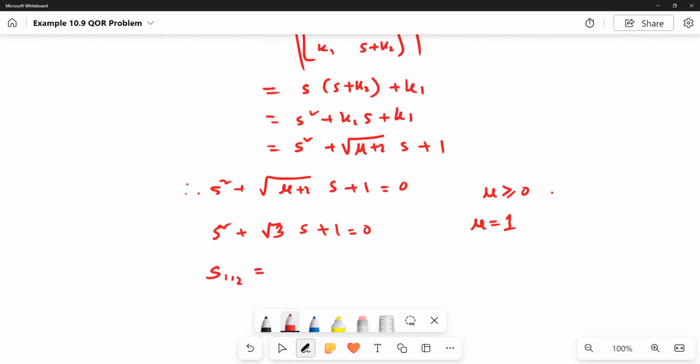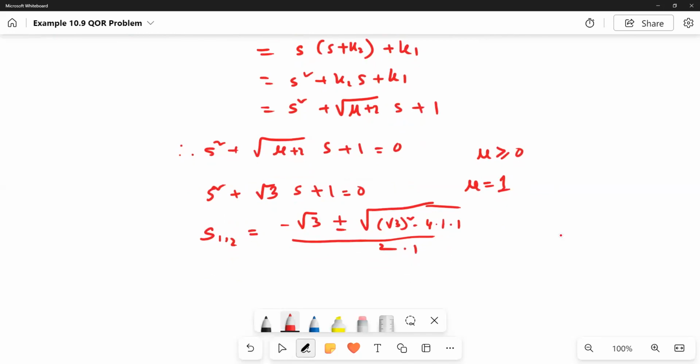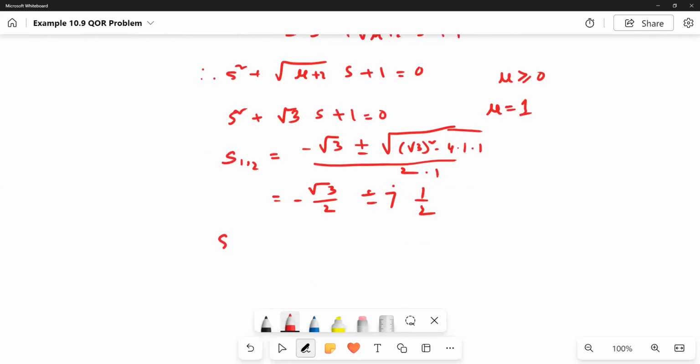So minus b plus or minus root of b square minus 4ac, over 2a, which is simply 2 times 1. Ultimately what we are going to get is minus square root of 3 by 2 plus or minus j half. So our poles are basically minus 0.866 plus or minus j 0.5.